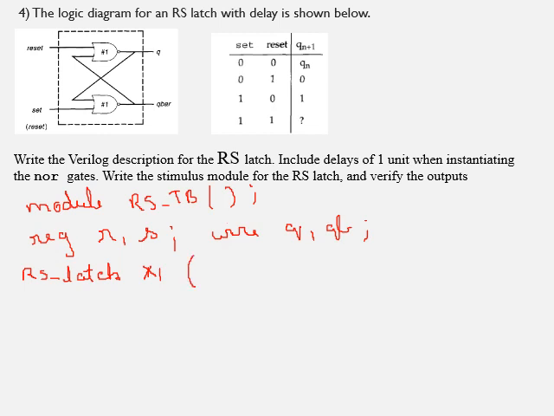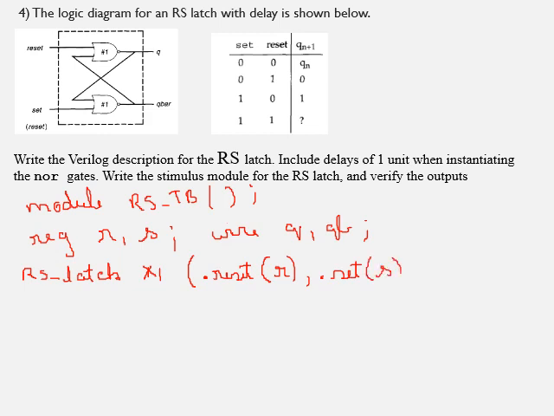Now just for a change I will connect by name. Okay, so R is to be connected to R, S to be S. So here I need not bother about in which order I have defined in the module definition. Reset was the name of my signal for reset in the module. Here it is R. Okay, and set was the name in the module.